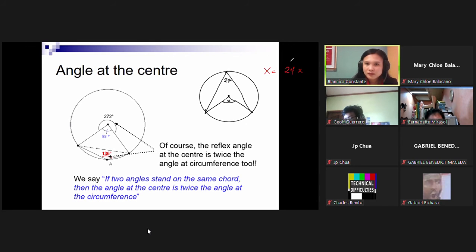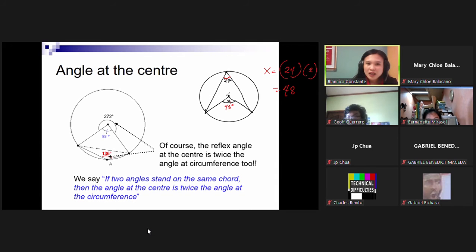Since the central angle is twice the measurement of your circumference angle, 24 times 2 is equal to 48. So it means angle X has a measurement of 48 degrees.